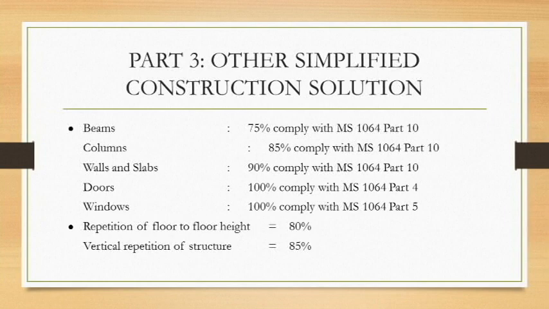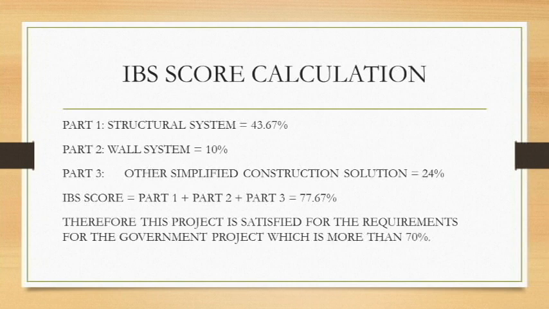repetition of floor-to-floor heights and vertical repetition of the structure, the percentage is 75% and above, which complies with MS 1064. For the IBS score calculation, we refer to the example guided by the CIDB.